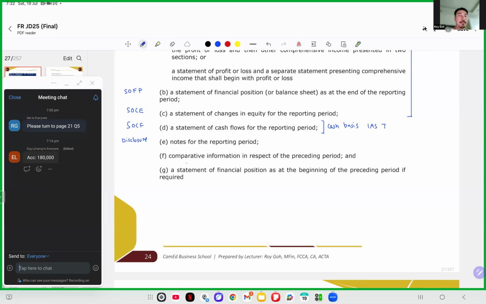You have a comparative. You compare 2 years, this year and last year. But sometimes you may also compare 3 years.